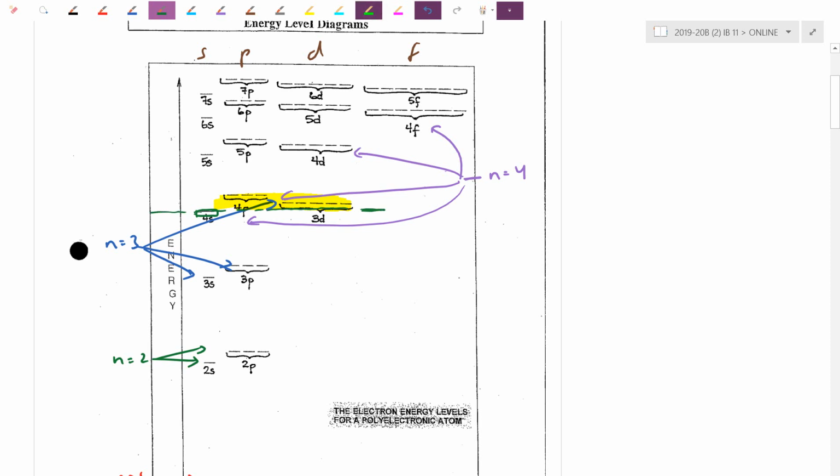It's energetically more stable than even energy level 3d. So if I were adding electrons to my hotel, even though this is technically a floor number 4 shell, a 4s, I'm going to fill in 4s before I start filling in 3d. So I just wanted to show you that part there.